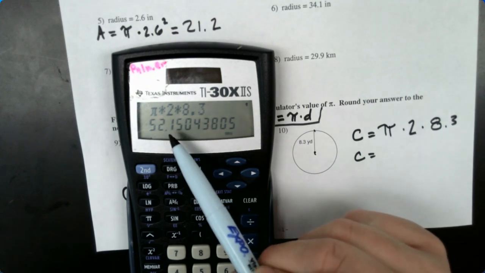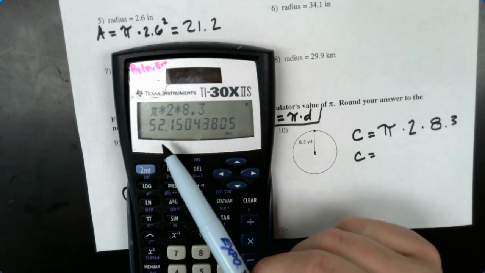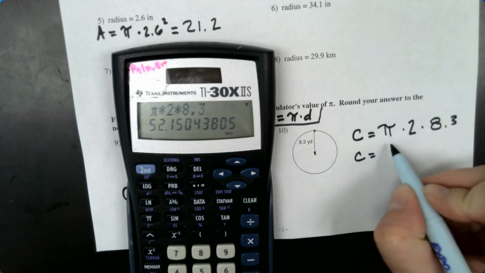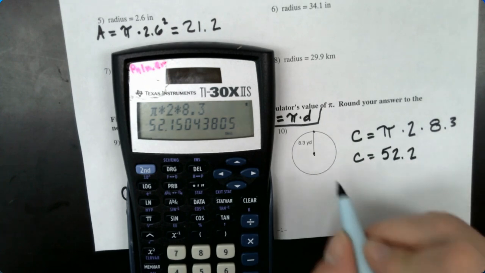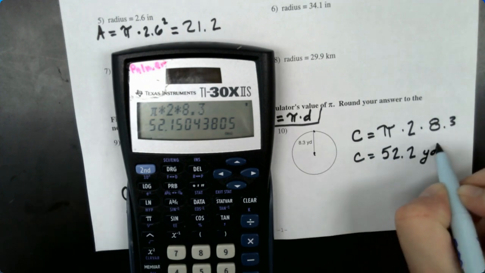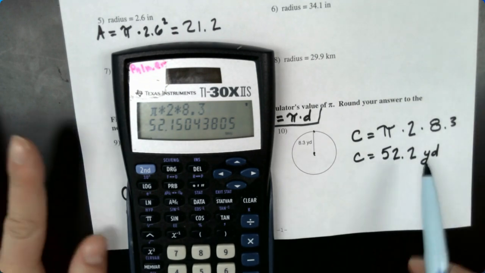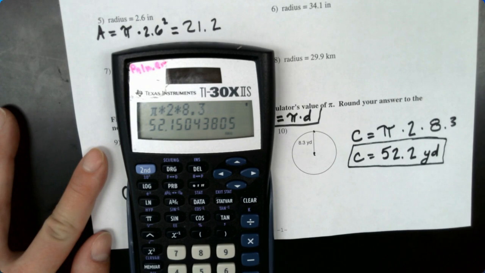Are we going to round this up to a 2 or down to a 1? Up to a 2. Thank you. So 52.2. And then our units are just yards. So we need to label our units on these. And that's our answer for circumference. Okay, we're doing all right?